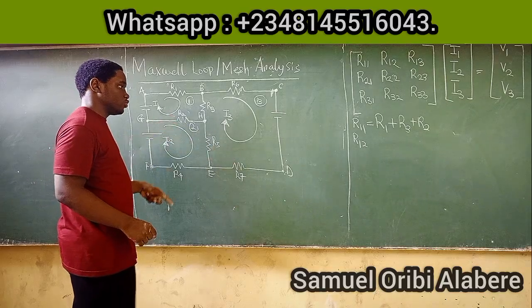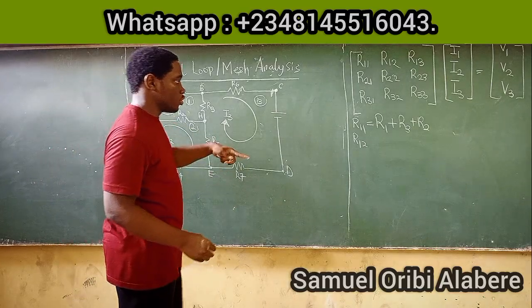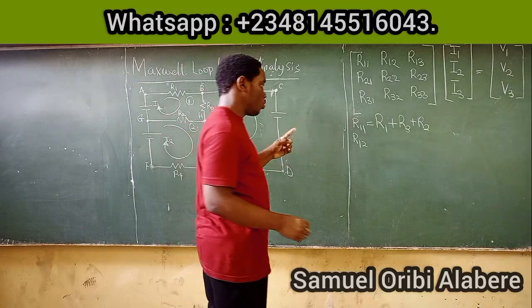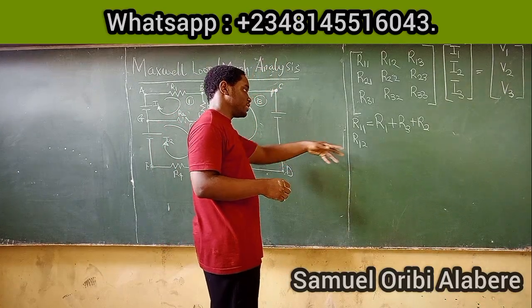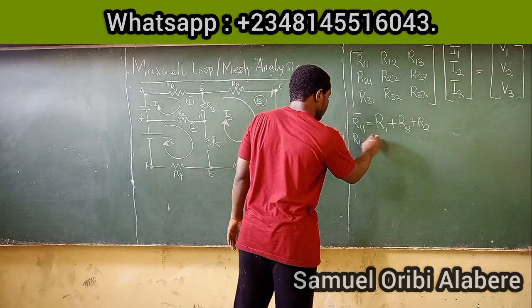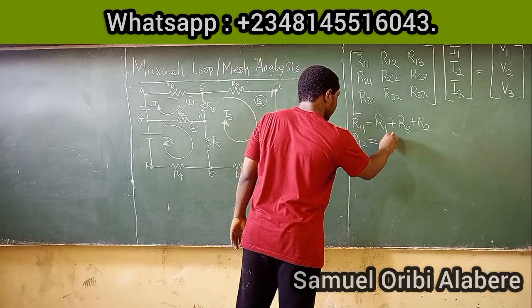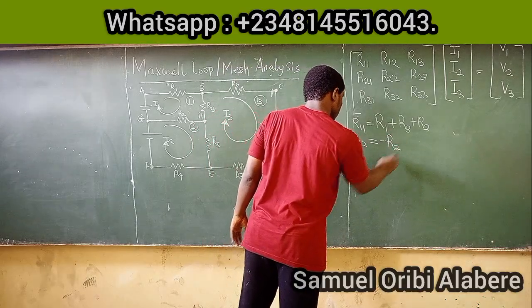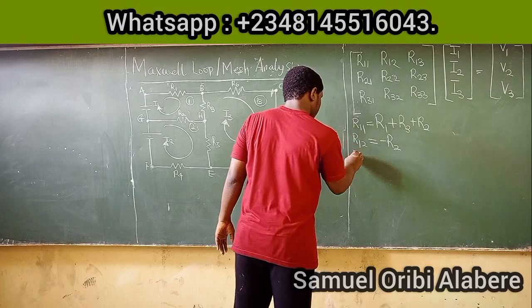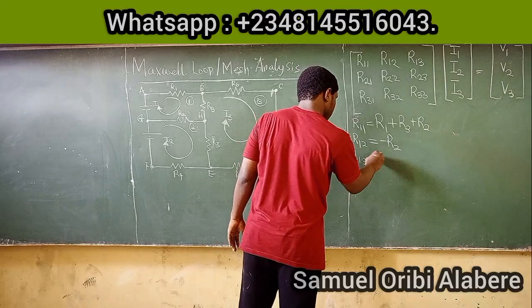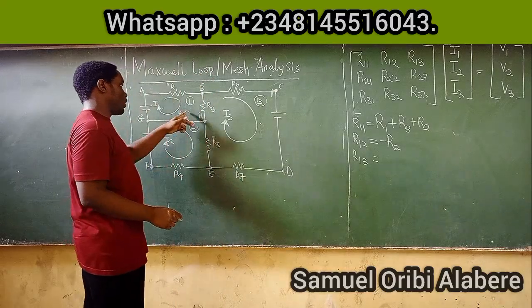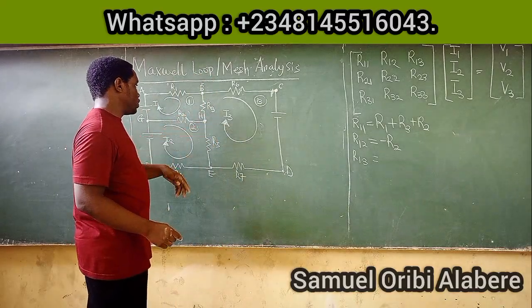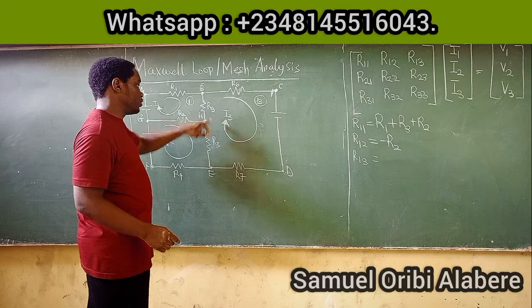But in this case, we should take note that we will not just write the value of R2 like that. We are going to write the negative value, which will be equal to negative R2. Then R13 is the common resistance between loop 1 and loop 3, which is R3.